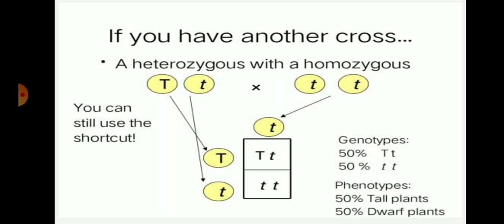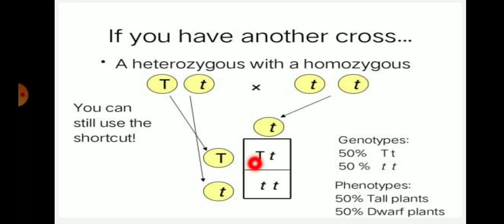If you have another cross, that is a heterozygous cross, that is the F1 generation self-fertilization cross, then we can use the heterozygous with the homozygous cross, that is one parent having the tall phenotype but with the genotype capital T, small t, and one parent with homozygous recessive characteristics, that is the dwarf plant.